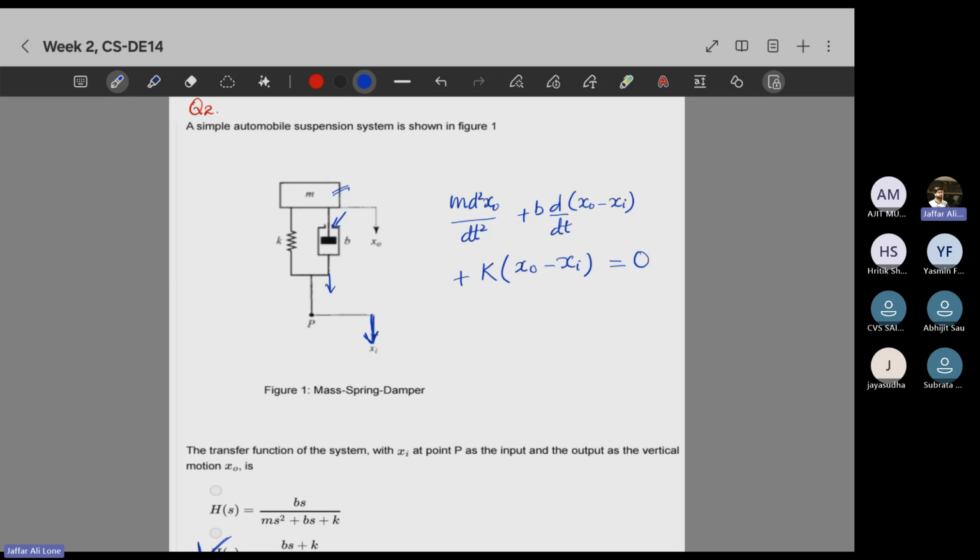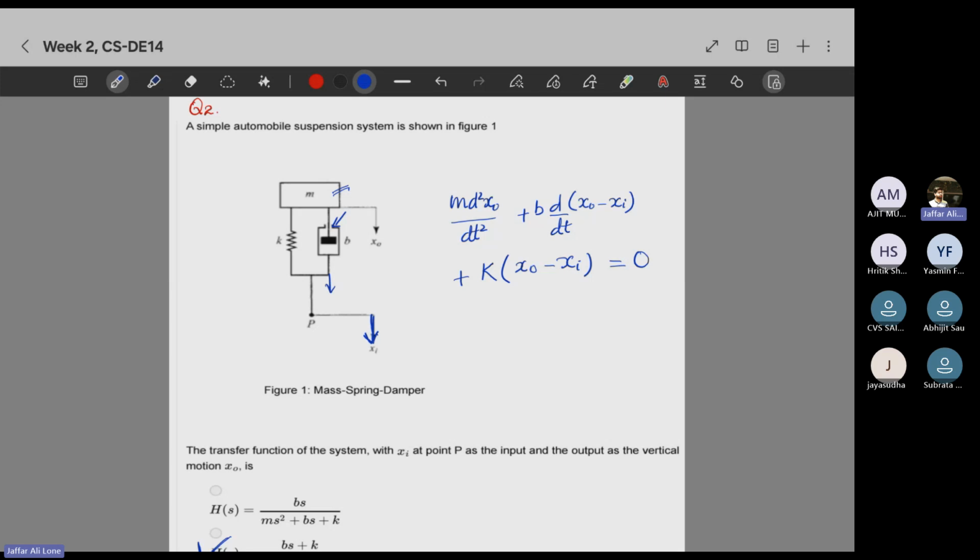Then this mass is also displaced vertically by x naught. You have a damper, you have x, you have to see the effect. Basically you have to make a free body diagram and then simplify the system. You'll get some expression in time domain, just take the Laplace transform of that. You'll get something.